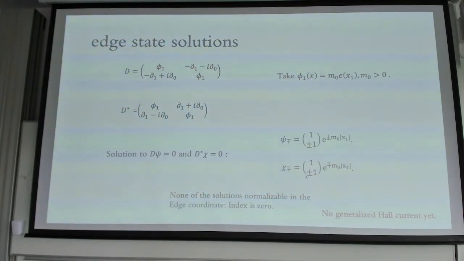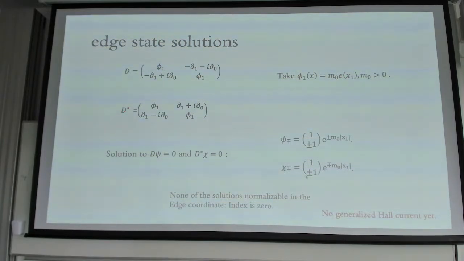So now if I solve for the edge states, what I see is that in this field phi 1, I have this domain wall where m0 is greater than 0. And this epsilon is a step function. And this operator is really d dagger, so it's a typo.